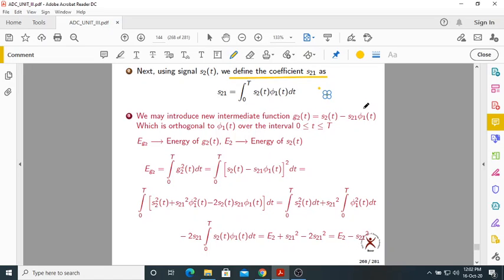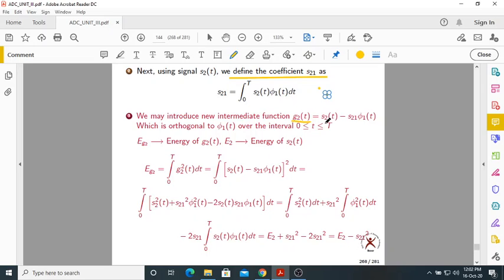Okay, so in the third step, we have to introduce an intermediate function g2 of t. Pay your attention here. What is g2 of t?